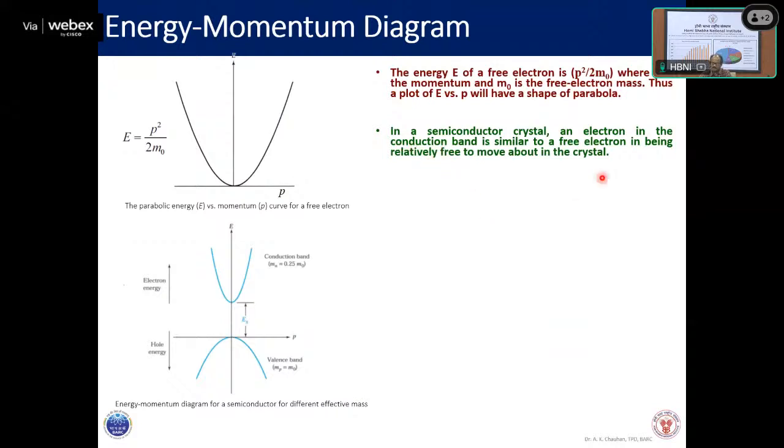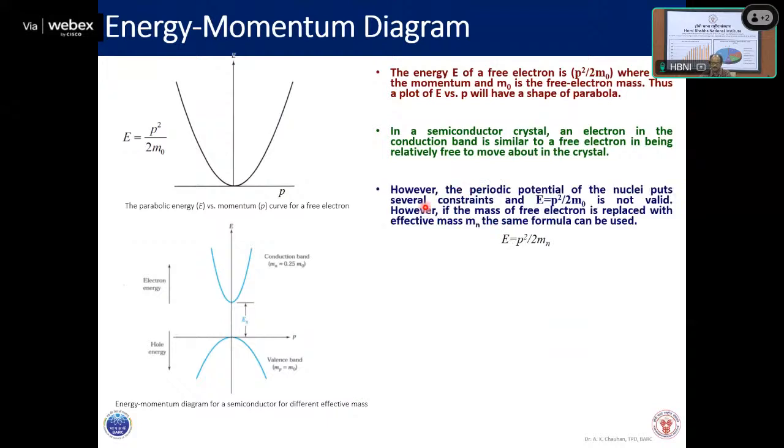So in semiconductor crystals, an electron in the conduction band is relatively free to move about the crystal. However, the periodic potential of the nuclei puts several constraints, and E equal to p square upon 2m0 is not valid. However, if the mass of the free electron is replaced with the effective mass, then the same formula can be used. Now there is a problem, because in the earlier slide we saw certain energies are not allowed. Why? Because the solution doesn't exist.